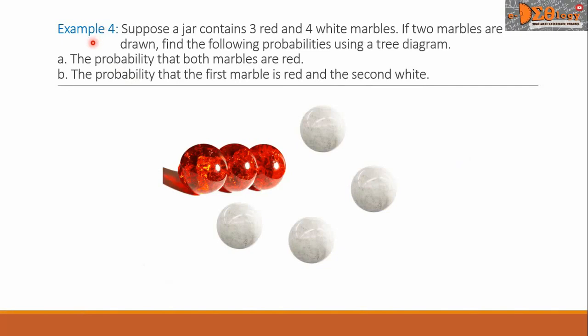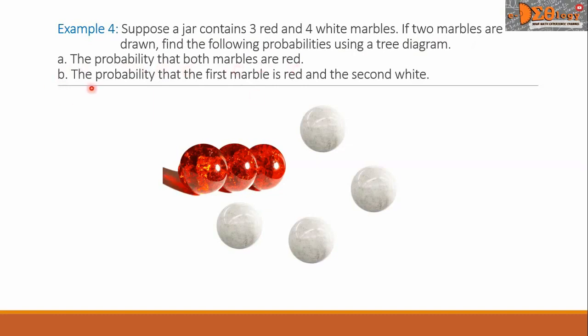Let us see example 4. Suppose a jar contains 3 red and 4 white marbles. If 2 marbles are drawn, find the following probabilities using a tree diagram. Letter A, the probability that both marbles are red.